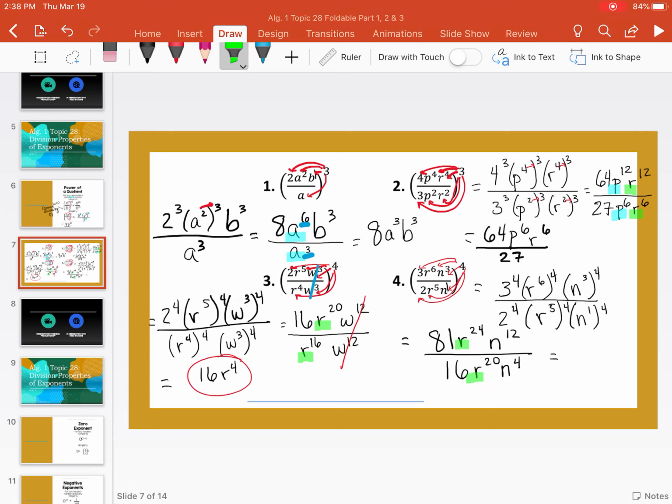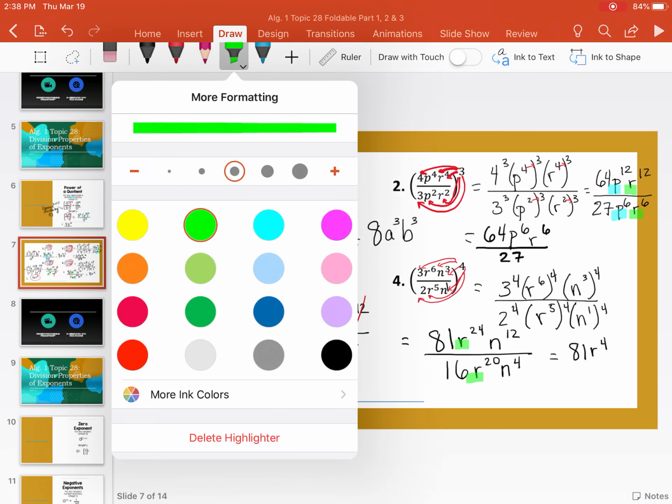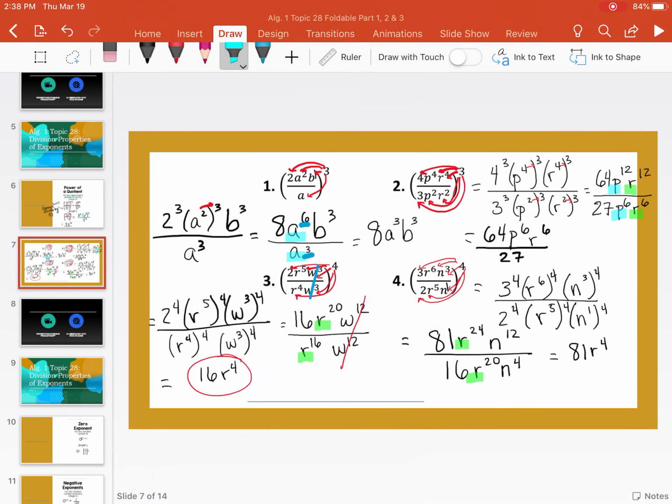We have r to the 24th divided by r to the 20th. 24 minus 20 would give us 81, r to the 4th, and n to the 12th over n to the 4th. Since they have the same base, 12 minus 4 gives us n to the 8th, and then that would all be over 16. And there you go, there is your answer.